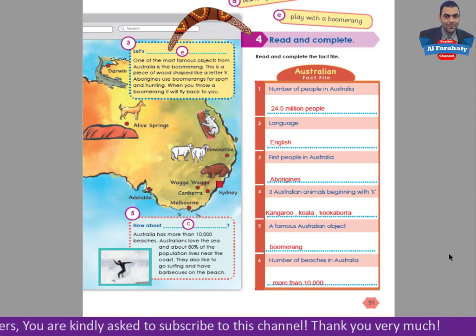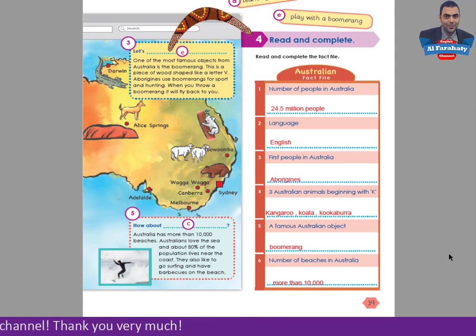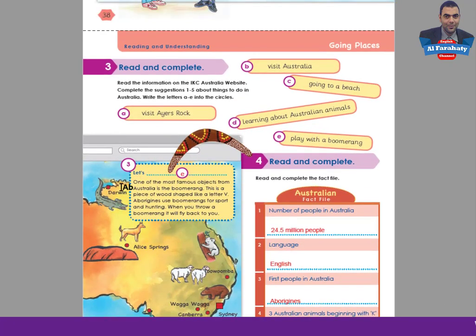Take care. Whenever you find difficult words, underline them, look them up in a dictionary, then write them in your vocabulary book. We studied here some suggestions. If we look here, we studied these suggestions.